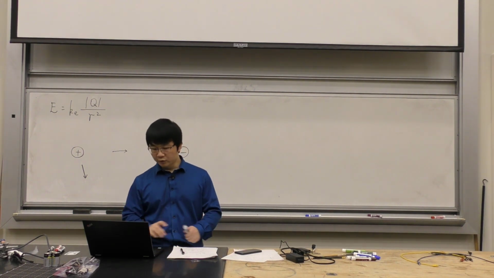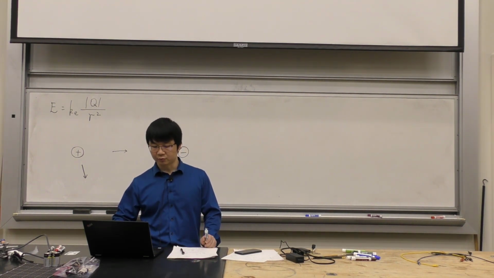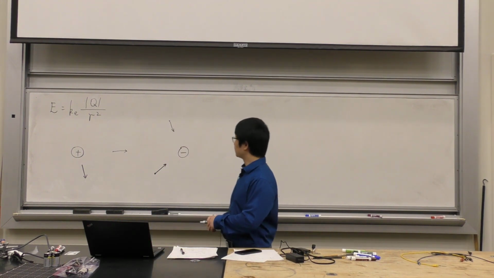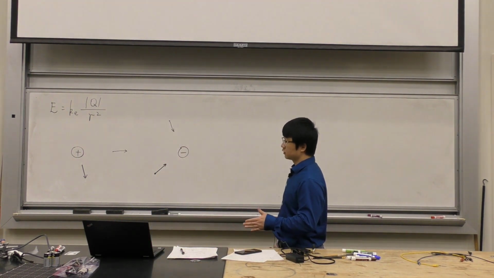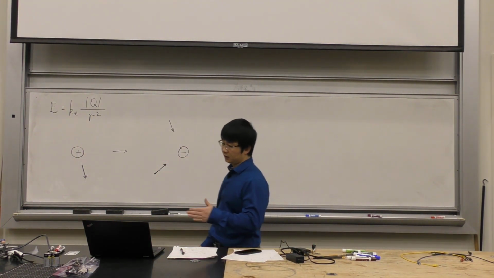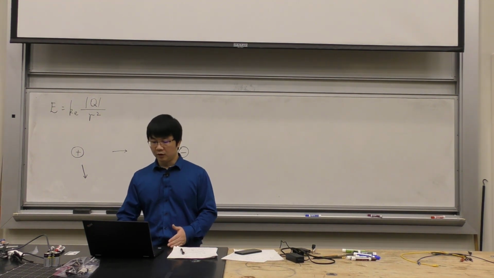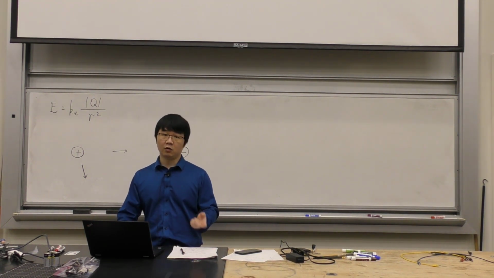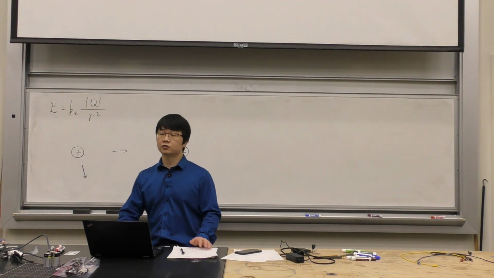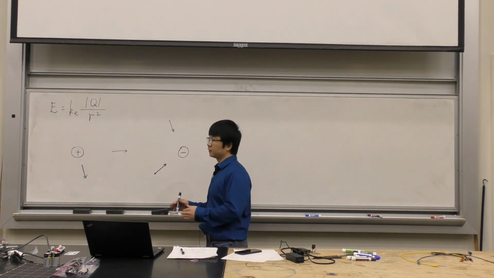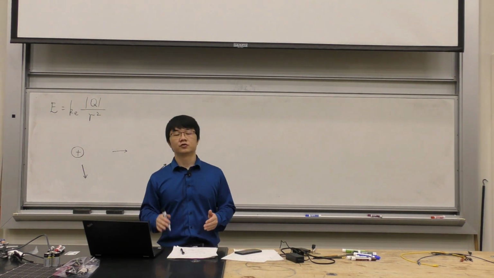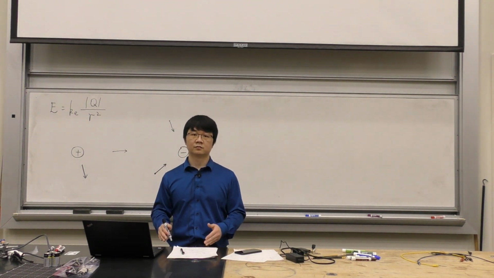Then we use this superposition principle. If there is a group of point charges and I want to find the electric field at a certain point created by all these source charges, all I need to do is use this theory to find the electric field created by each single charge and then add them as vectors.